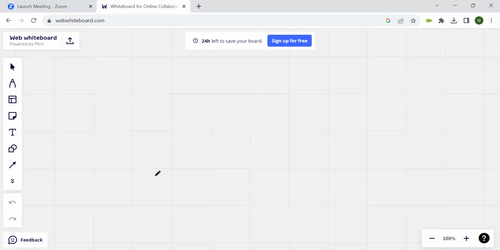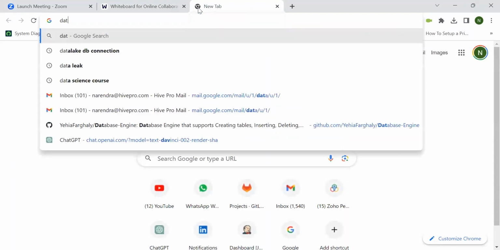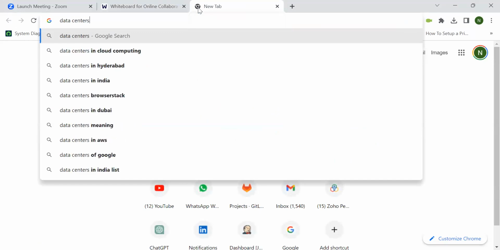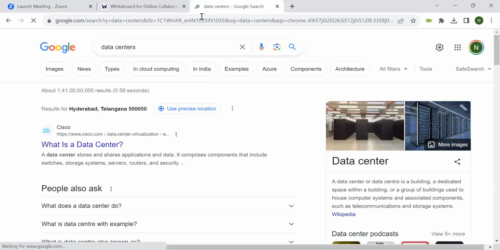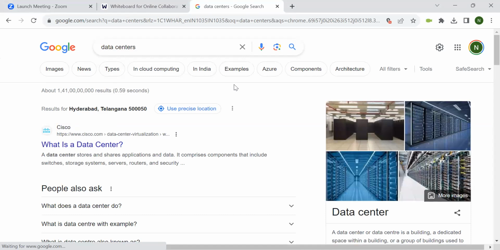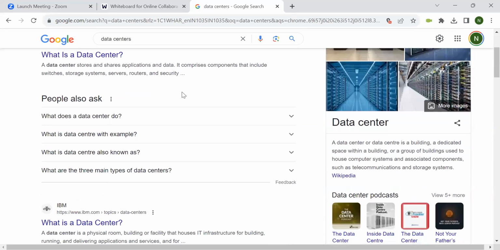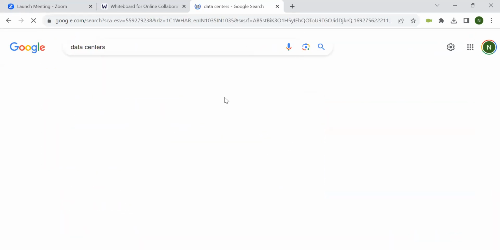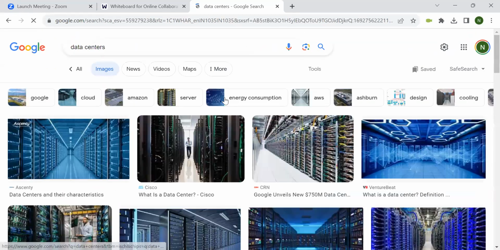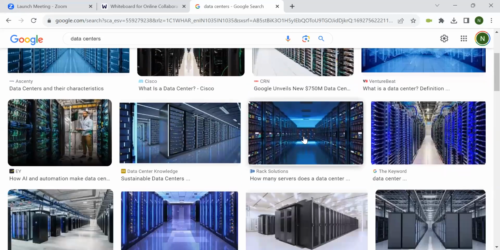You might have heard about data centers, right? These are the main things behind any of the cloud services that we have. If you take any of AWS or Azure or GCP, they have their own data centers.